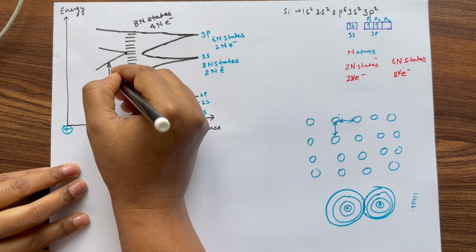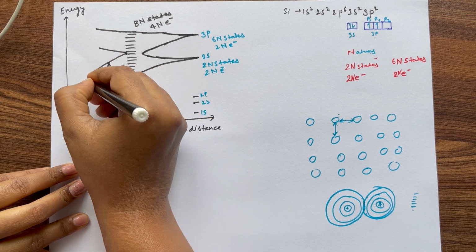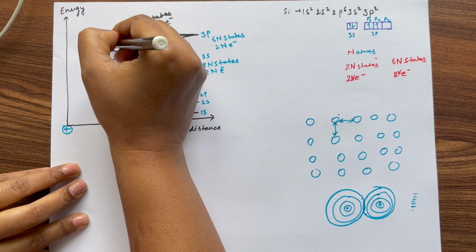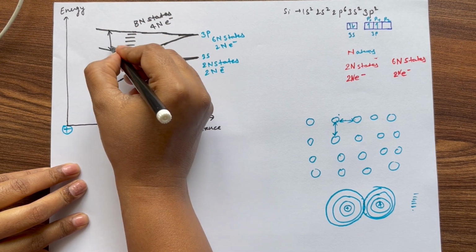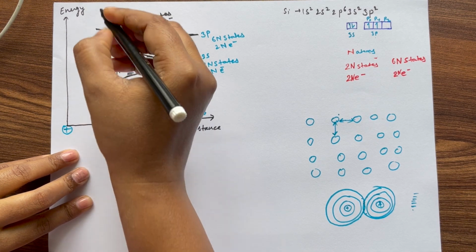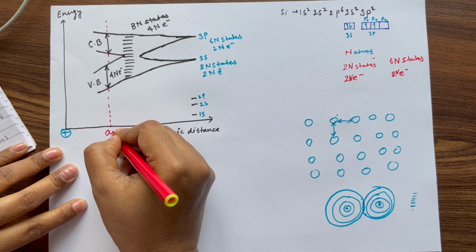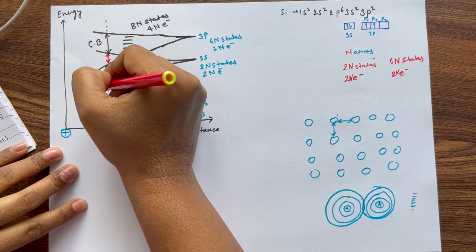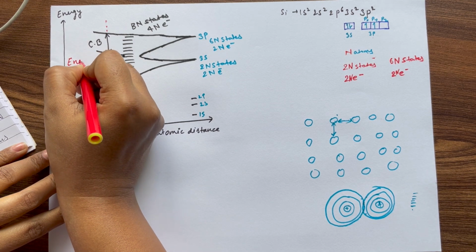This fully occupied band with 4n electrons is called valence band, and the upper band that has the remaining 4n states, which are empty, is called conduction band. At the equilibrium interatomic distance A0, this gap between the valence band and conduction band is called energy gap.